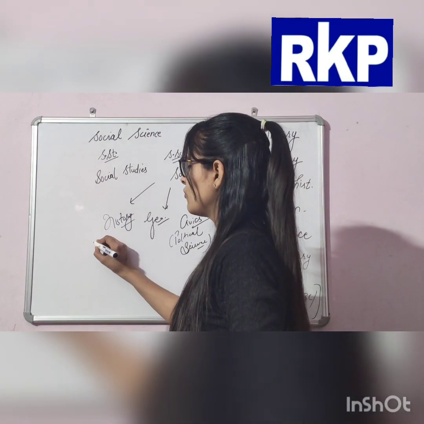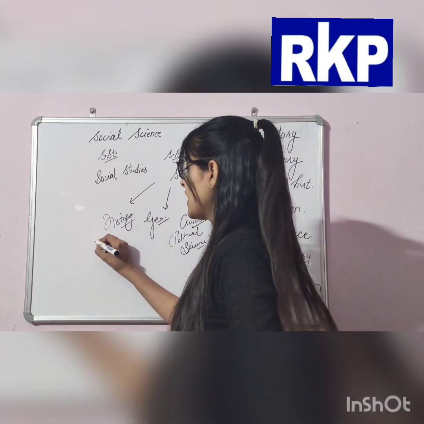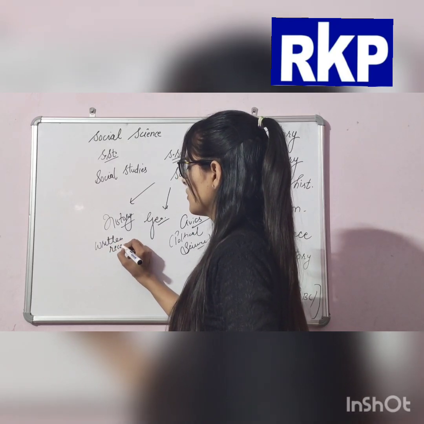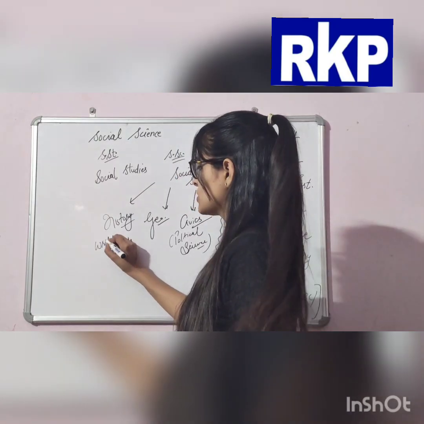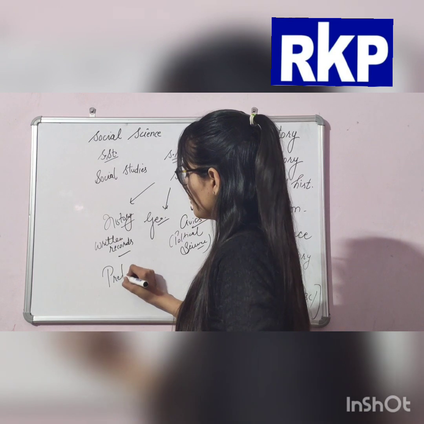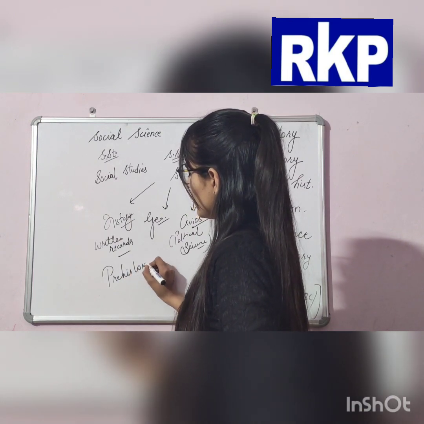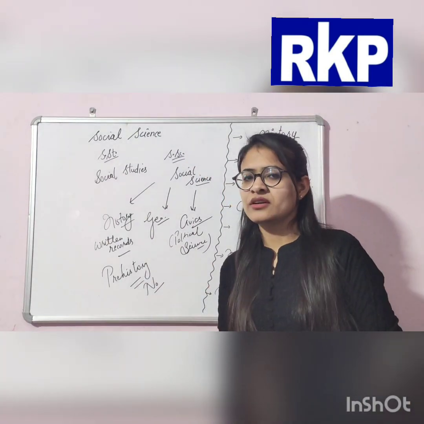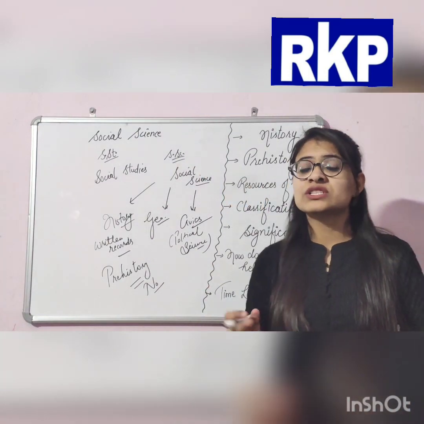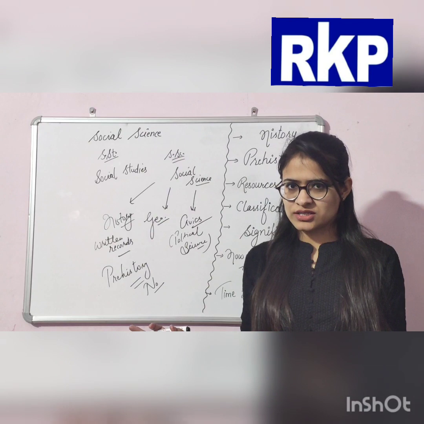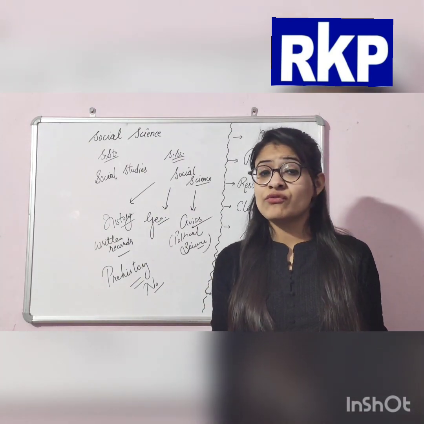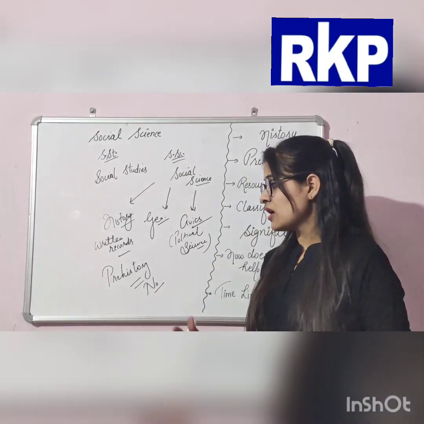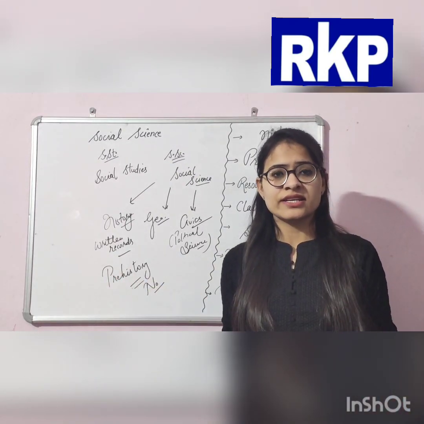But prehistory means the study of the past for which we have no written records, like the discovery of fire and the discovery of the wheel. We have no written information about these incidents.